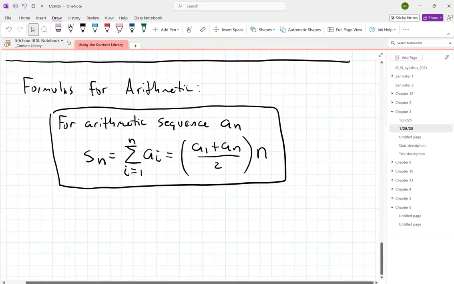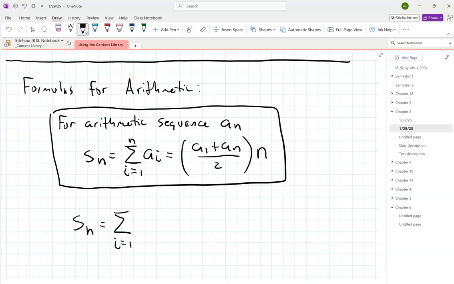If my sequence is infinite, what do you think that's going to be?